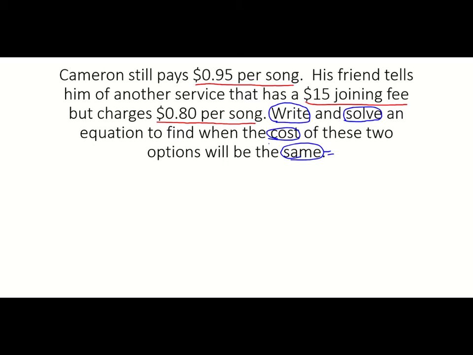So now that I know what I'm doing, I want to write an expression for each music service and set them equal to each other and solve. So Cameron paying 95 cents per song. I'm going to use x again to represent my song. So 0.95x, 95 cents times each song. And that's going to equal my second service. So my second service, he has a $15 joining fee.